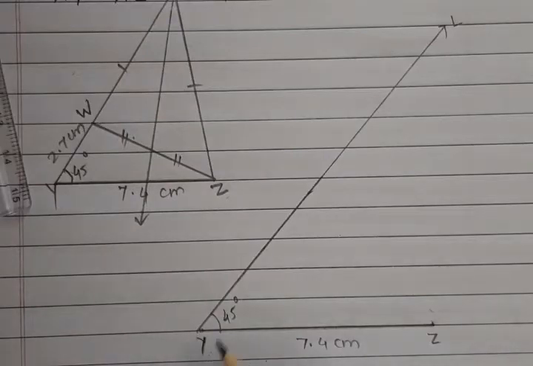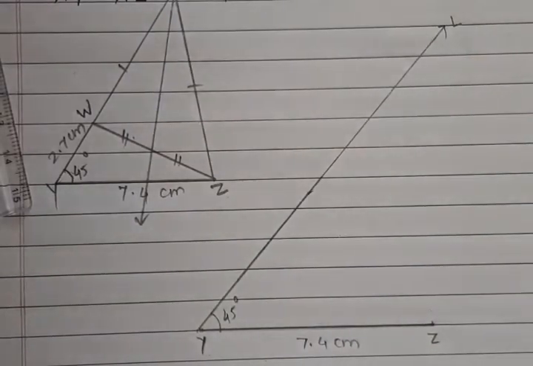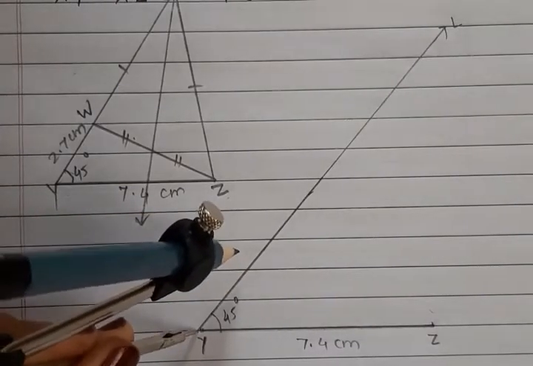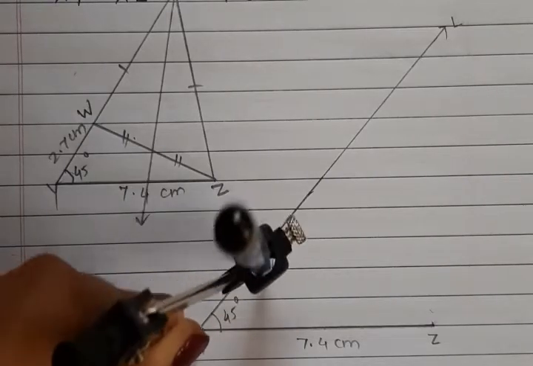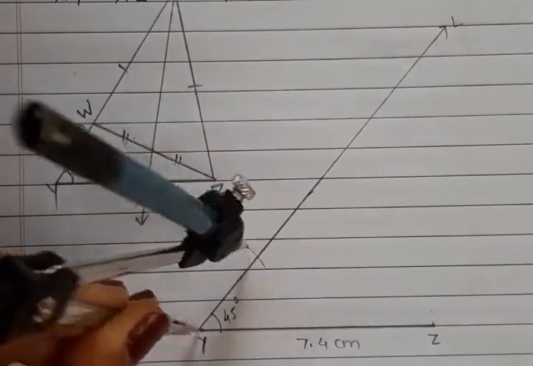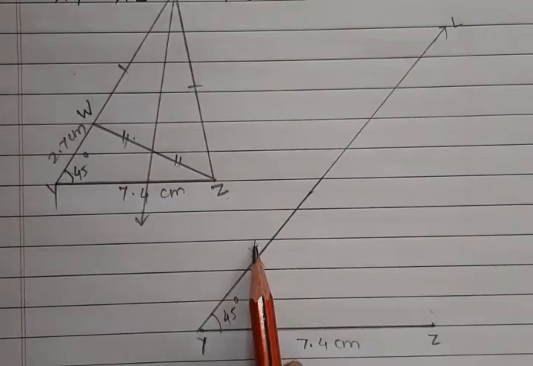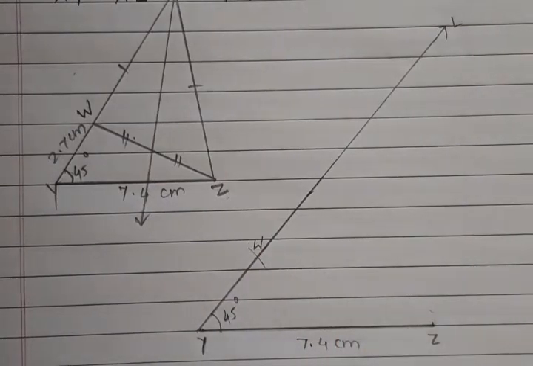Here that ray is YL. Now in the compass we have to take the distance 2.7 cm. Keep the compass at point Y and draw one arc on ray YL. Then for that point give the name W. Then join WZ. So we'll get the triangle WYZ.